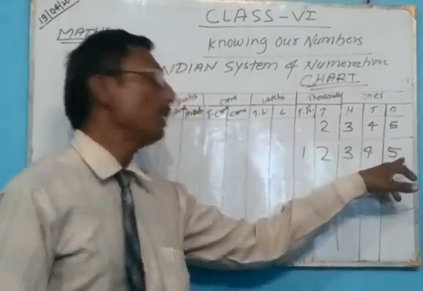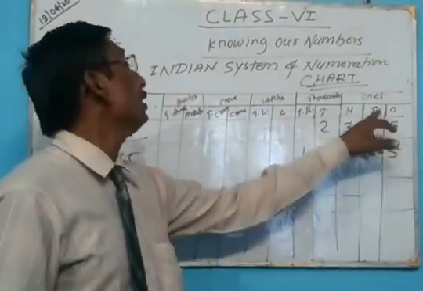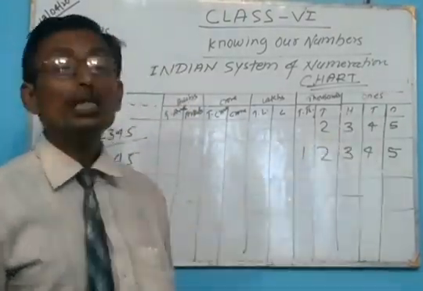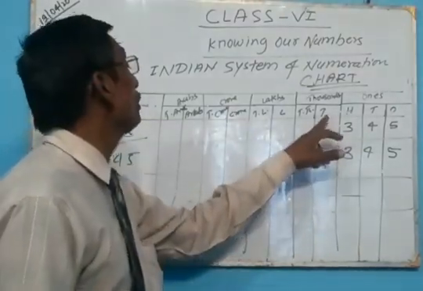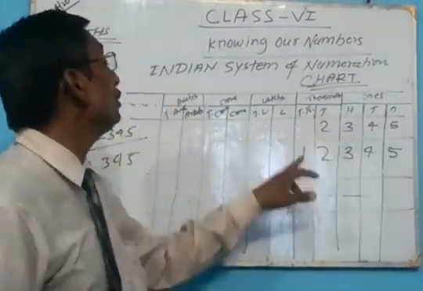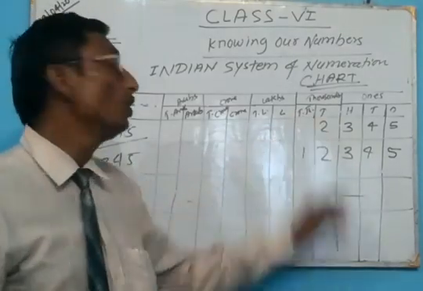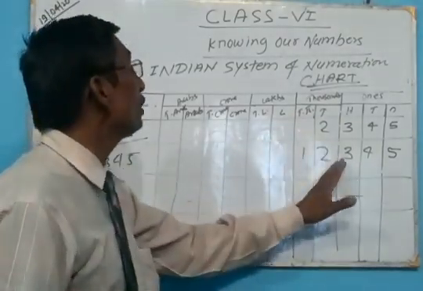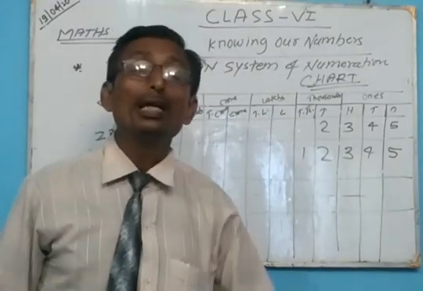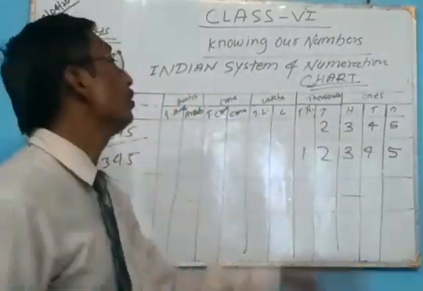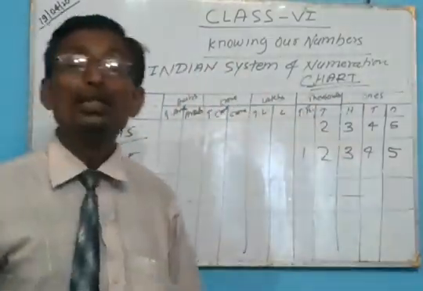So 5 is at the ones place, 4 is at the tens place, 3 is at the hundreds place, 2 is at the thousands place, and 1 is at the 10,000 place. So we can say 12,345. This is the place value chart under the Indian system.